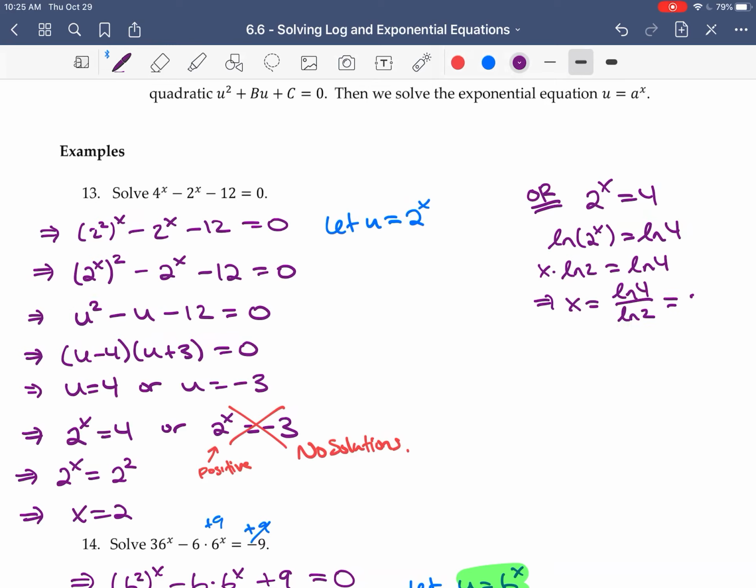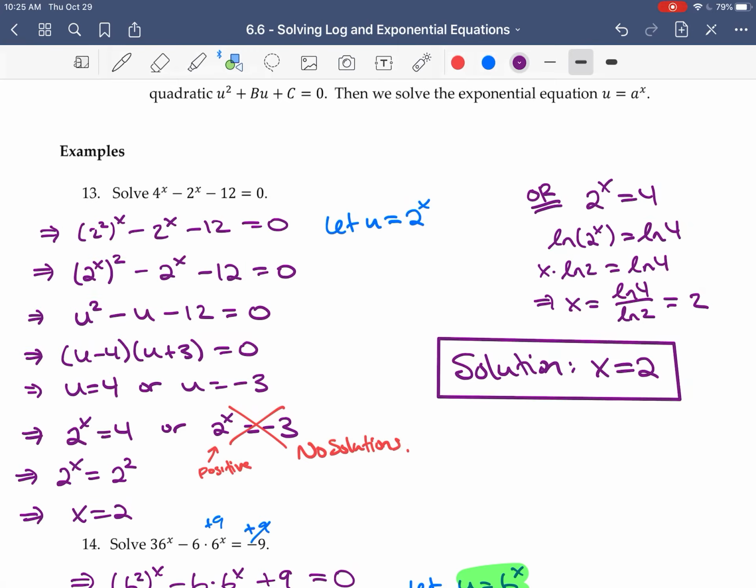And if you actually compute that, you should get the exact answer 2. Okay, so here our solution is just x equals 2. Okay, so if you plug that in to the original, you should get something that makes sense.